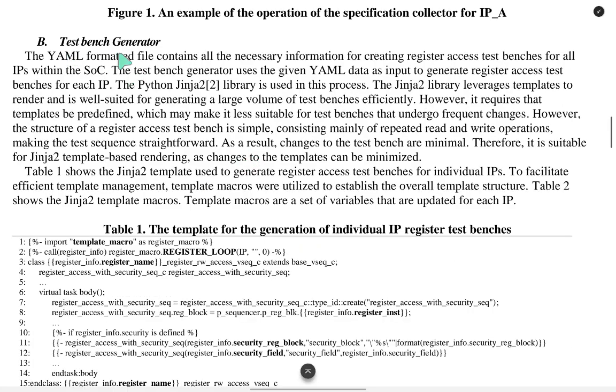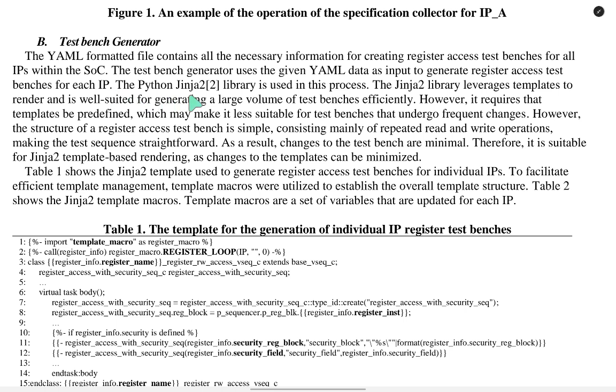B. The test bench generator. The YAML format file contains all necessary information for creating the register access test benches for all IPs within the SoC. The test bench generator uses the given YAML data as an input to generate register access test benches for each IP.